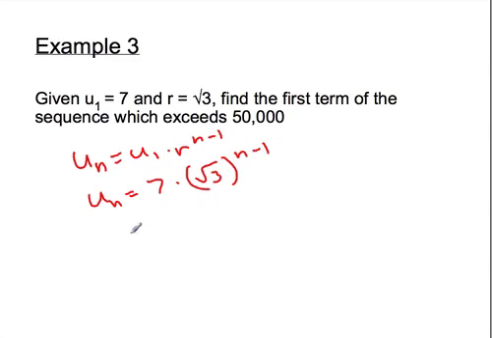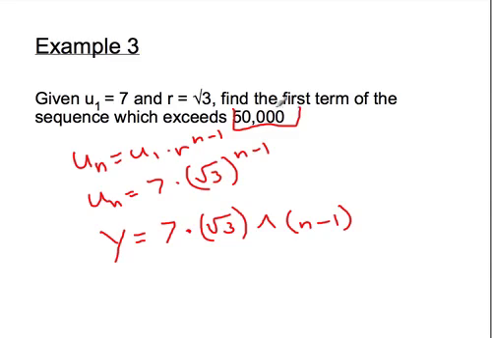We can't type in u sub n, so we're going to type in the function y equals 7 times root 3, exactly as we'll type it in the calculator, to the power of n minus 1. If we type that in, we'll be able to get a table of values and find out the first term that is going to be greater than 50,000.